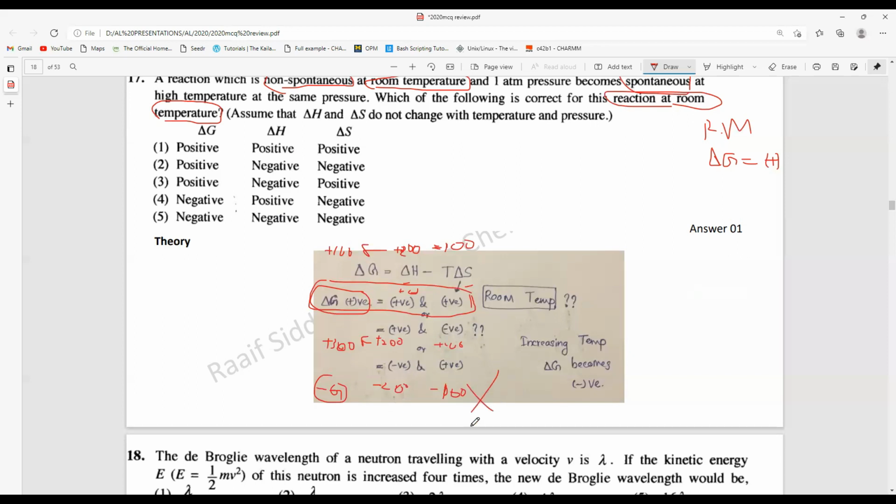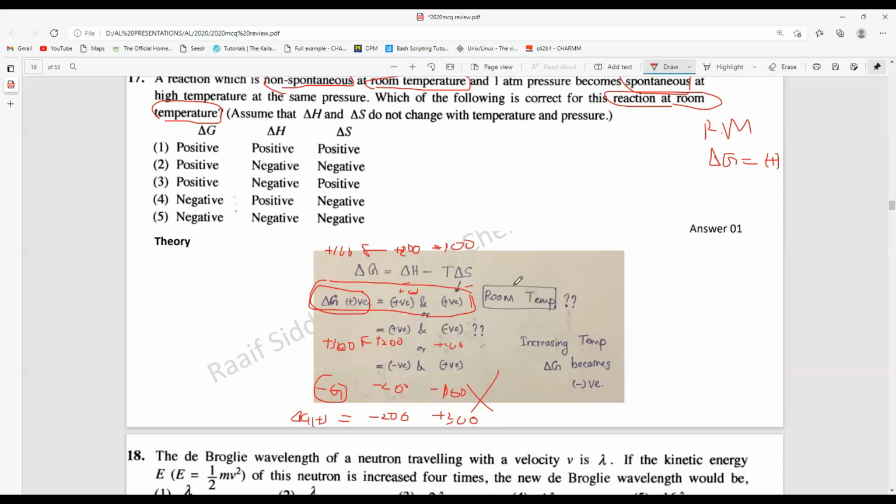Then if you put negative to negative, for example this is negative 200 and this is negative, this would be positive, let's say positive 300 at room temperature, because then the delta G will be a positive value here, right? Delta G will be positive, like positive 100.